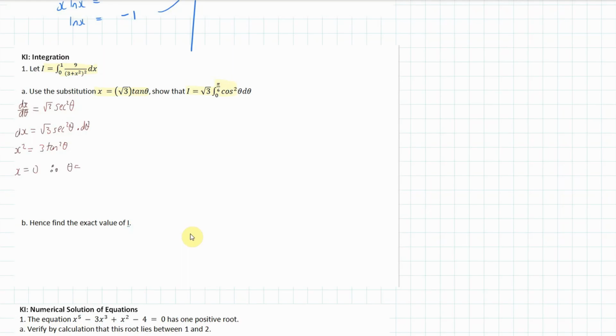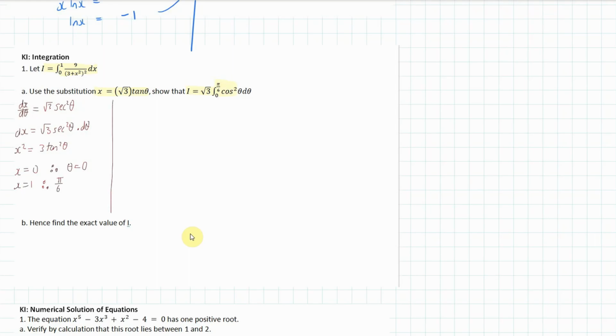So when we plug in x equals 0, we should get tan theta equals 0, so theta equals 0. And then when x is equal to 1, you go 1 over square root 3, go inverse tan on that, and you get pi over 6. Okay, so I've got some method marks there.